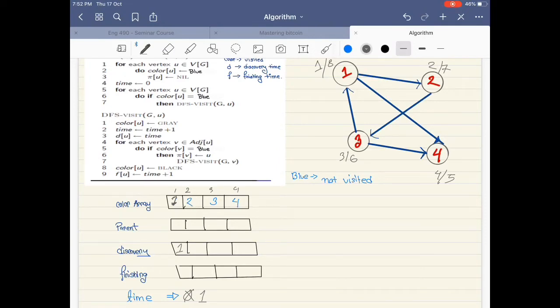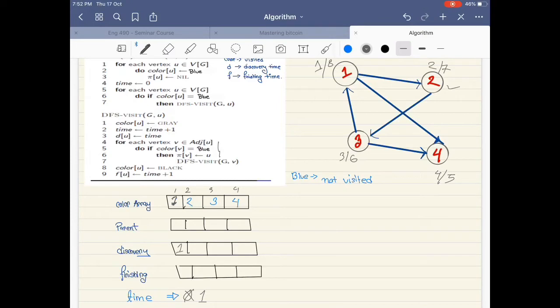Anyway, for each vertex adjacent to u, u is 1 here, right? So we have 2 and 4 which are adjacent to 1. So we enter into this loop and check if the color is blue. Let's say we are going in a sequence, so 2 then 4. Let's look at 2 first.